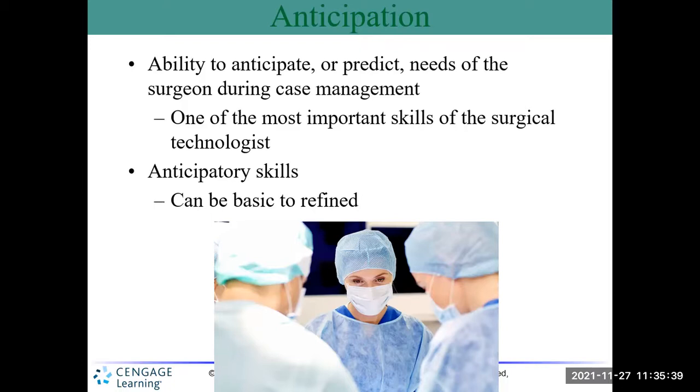That is one of the most important skills of a surg tech. It can be basic, which is where you are in the beginning of your career, but it can also get refined, which makes you an even more valuable asset to the team. So as you move into the clinical setting and gain experience, your level of anticipation will start to increase.